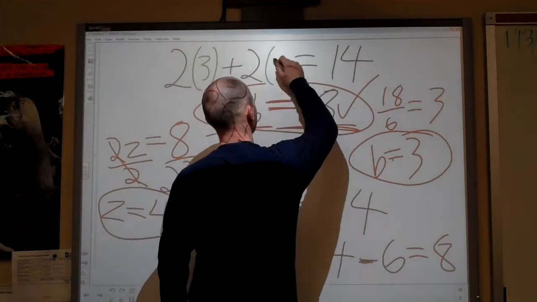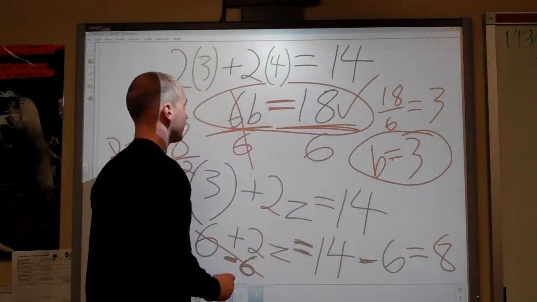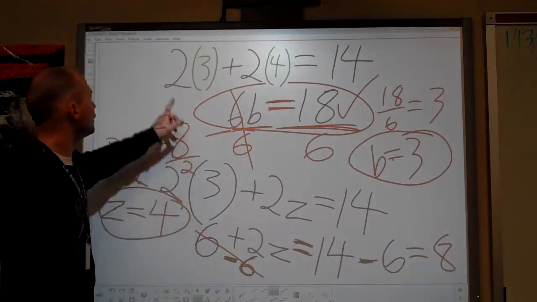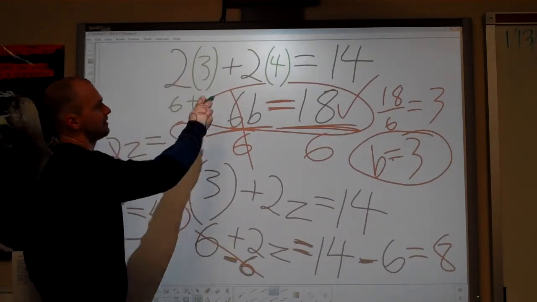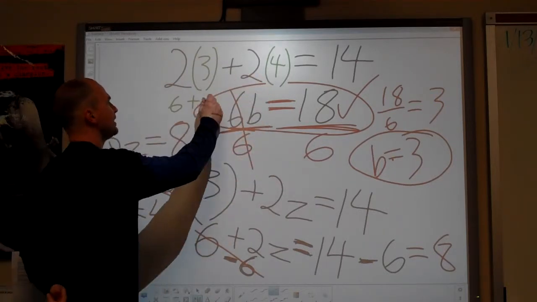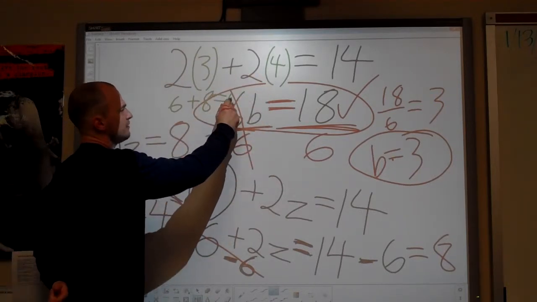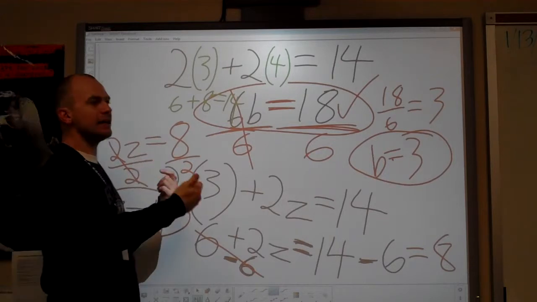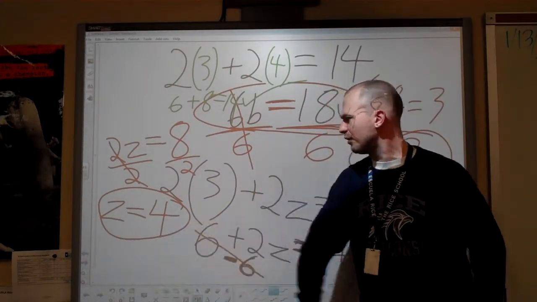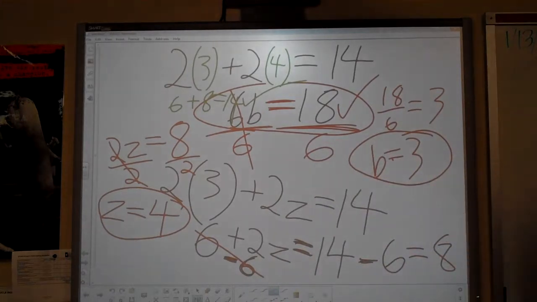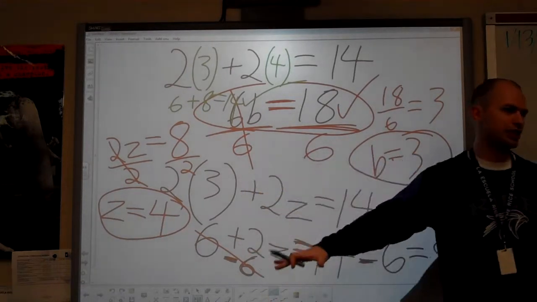So 2 times 3 gives me 6. 6 plus 2 times 4 is 8. 6 plus 8 equals 14. Yeah, it works. Check. So Z equals 4, B equals 3. Questions on number 1?